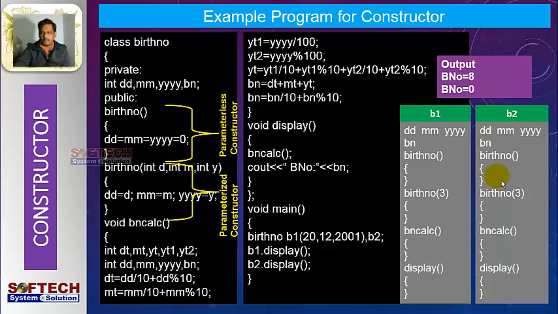DD, MM, YY equal to 0, so all values are 0. Then b2 dot display calls the display function of b2, which calls pn call. Through pn call we get bn, and all values are 0, so bn is also 0. So it displays 0. This is the output: b number equal to 8, b number equal to 0. Because b2 uses the zero argument constructor, b1 uses the parameterized constructor.